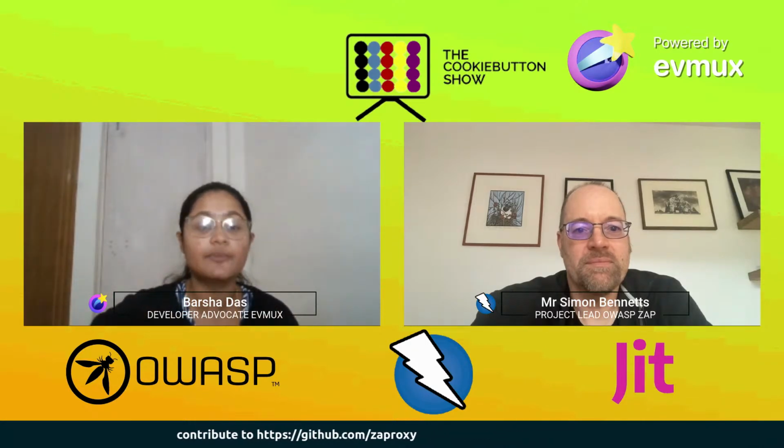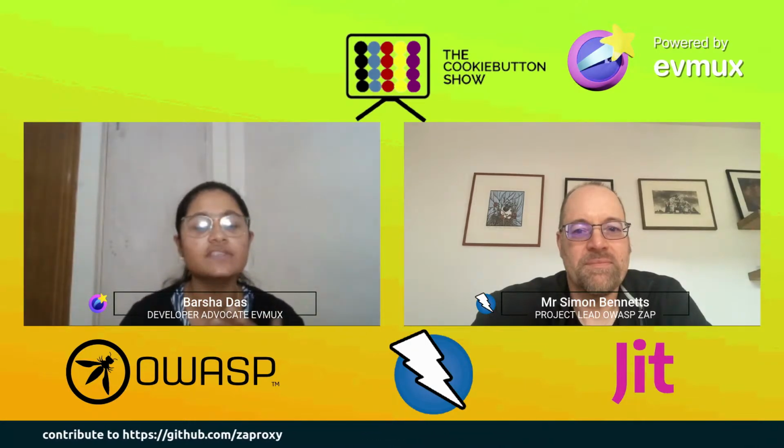Awesome. Listeners, please be mindful of what Simon just said and make the best out of it. So, how do you see the web application security landscape evolving in the next few years, and how is ZAP adapting to those changes? I mentioned already that with modern web apps, there are a lot of new features out there in browsers, and applications are making the most of that.